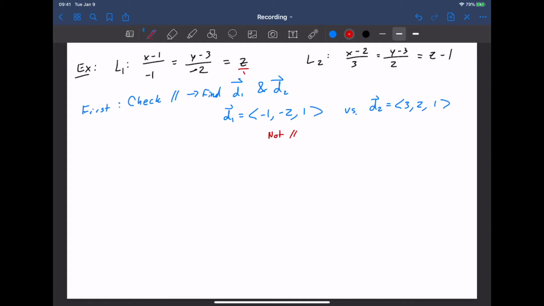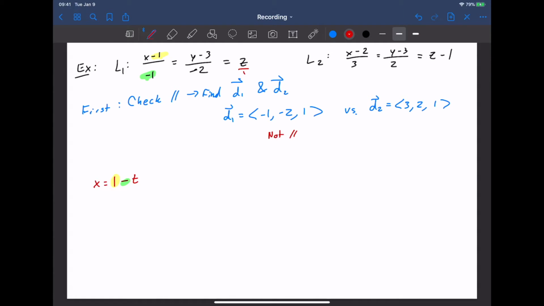I'll do L1 first. I'd have X equals 1 minus t. So that 1 is coming from here. It's supposed to be X minus X naught, and the negative 1 goes here.